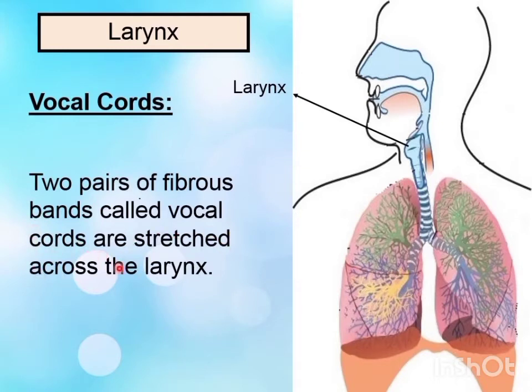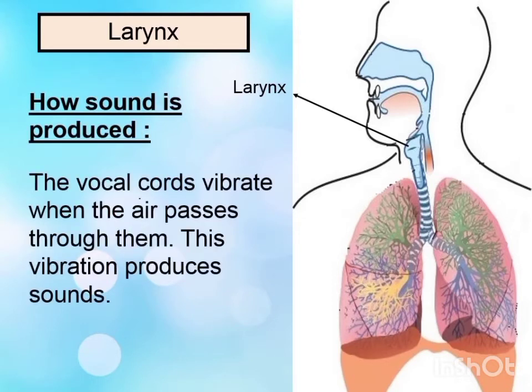They are used to make the sound. The vocal cords vibrate when the air passes through them. This vibration produces sounds. It is just like the strings of a guitar.